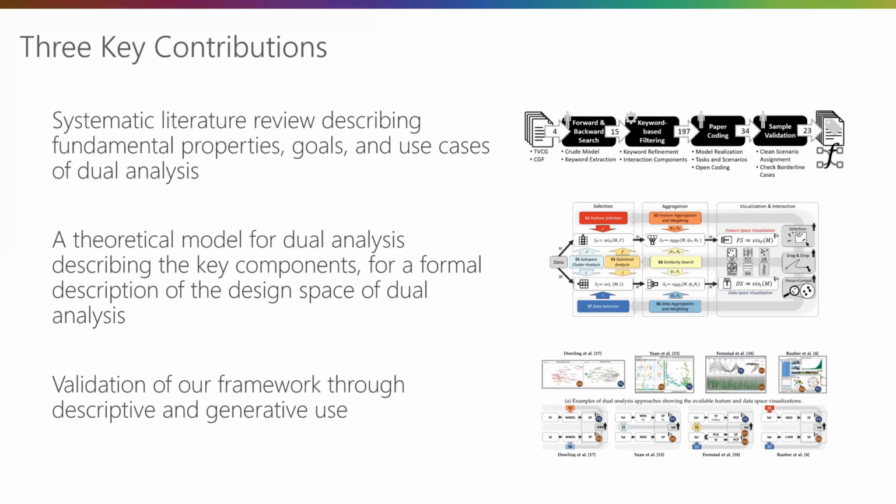And in the end, we have also a validation of our framework where we describe existing approaches through our formal framework and really show that we can use our framework to systematize all existing approaches here. And we also have a section about generative use, meaning that our framework also really highlights important directions that research could go.